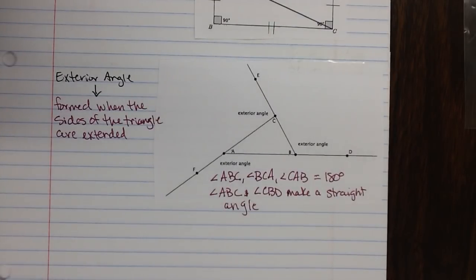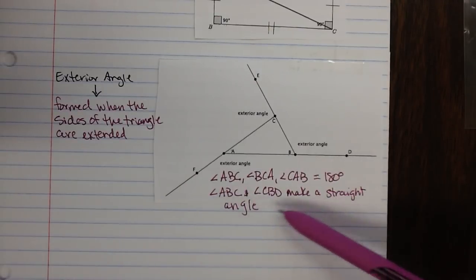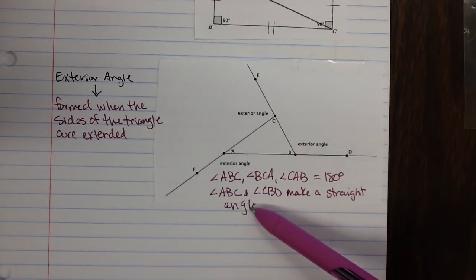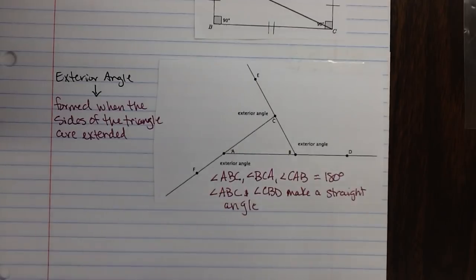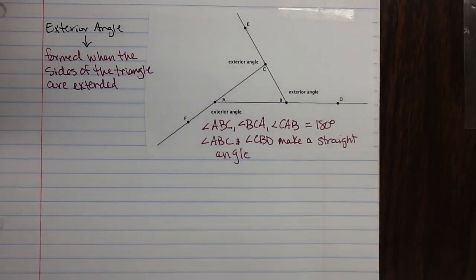Now we're going to use this information and put them together, because we know that the three angles in the triangle equal 180 degrees, and the two angles that make the straight angle also equal 180 degrees, so I'm going to set them equal to each other. This is where we get into a little bit of proving things, a little bit of geometry.